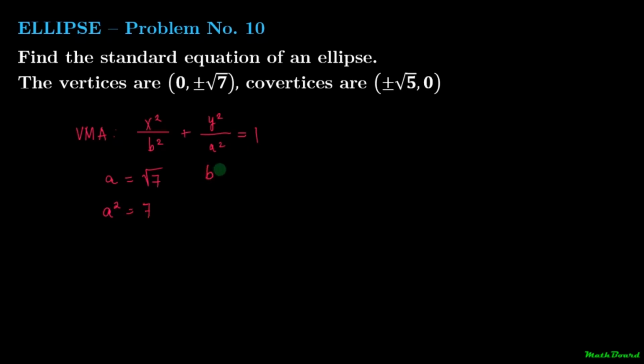Ang b natin yung co-vertices, which is square root of 5. Therefore, b squared is equal to 5. Thus, the standard equation of an ellipse is x squared over 5 plus y squared over 7 is equal to 1. Clear?